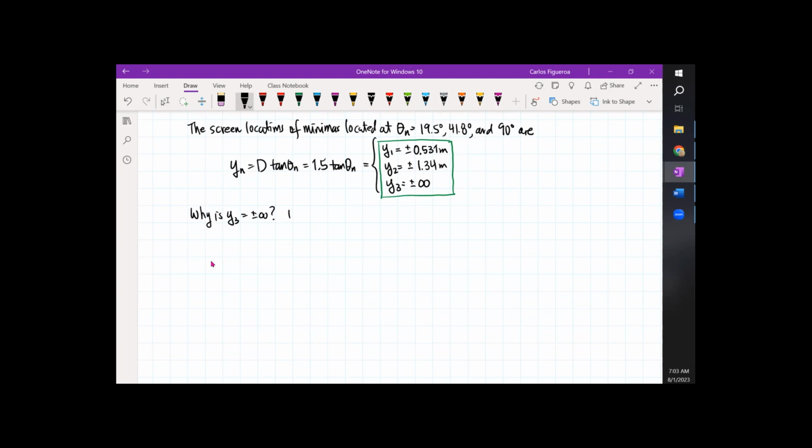Now, if we have a flat screen, which is exactly what we have in a lab situation, a flat screen and not a curved one, the endpoint at 90 degrees is at infinity.